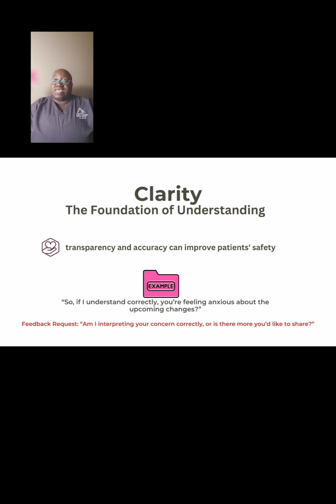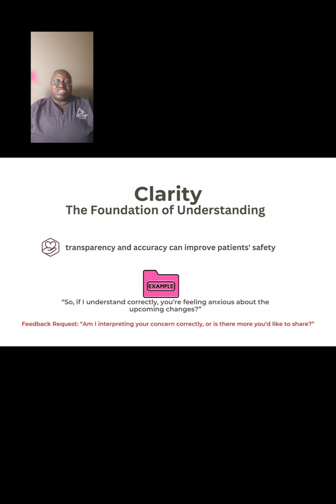So let's look at an example. If a patient is talking to you and it seems like they're having a bit of a difficulty getting their words out, you want to make sure that you are really actively listening to them. And your response, for example, can be, so if I'm understanding correctly, you're feeling anxious about XYZ.